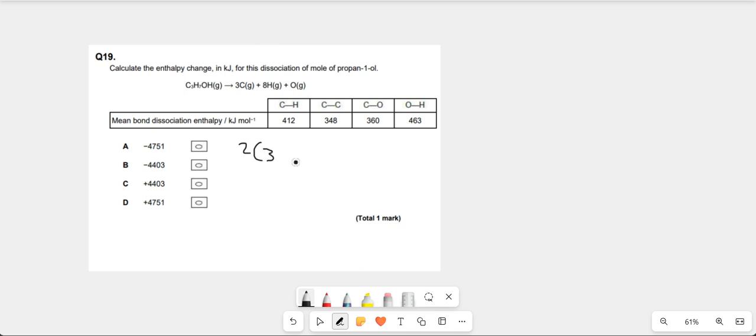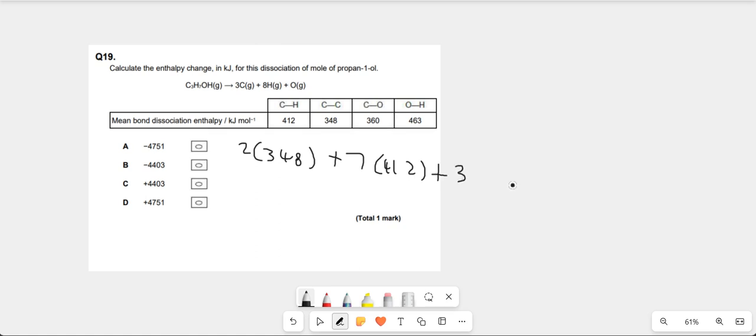CC is 348, plus seven CH bonds here, just 412, and then plus one CO bond here, which is 360.